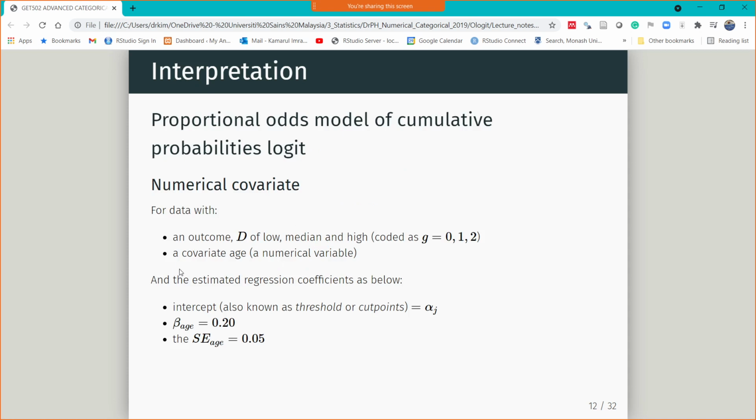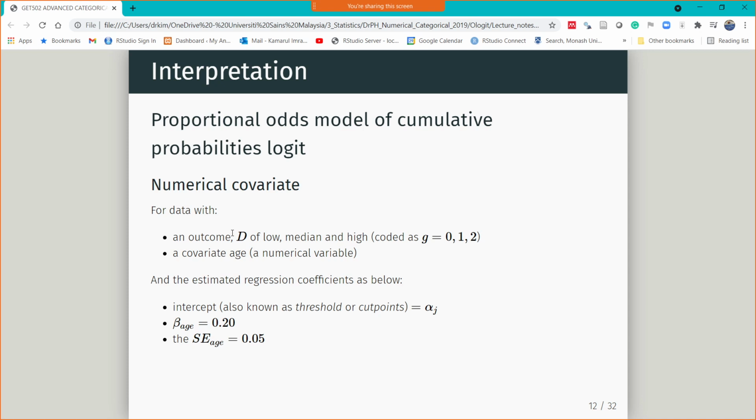Okay, for example, let's imagine we have run a proportional odds model, or the cumulative probabilities logit or cumulative link logit model. They are all the same. So let's say we have an outcome, variable d, with 3 categories, coded as 0, 1, and 2. And then we have a covariate age, a numerical variable.